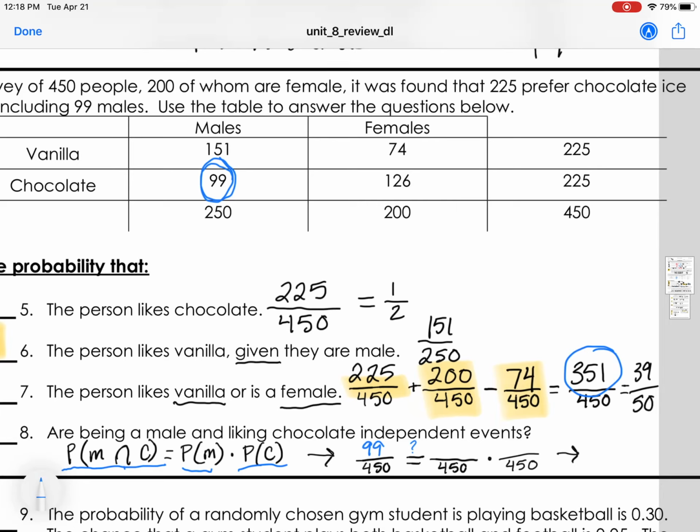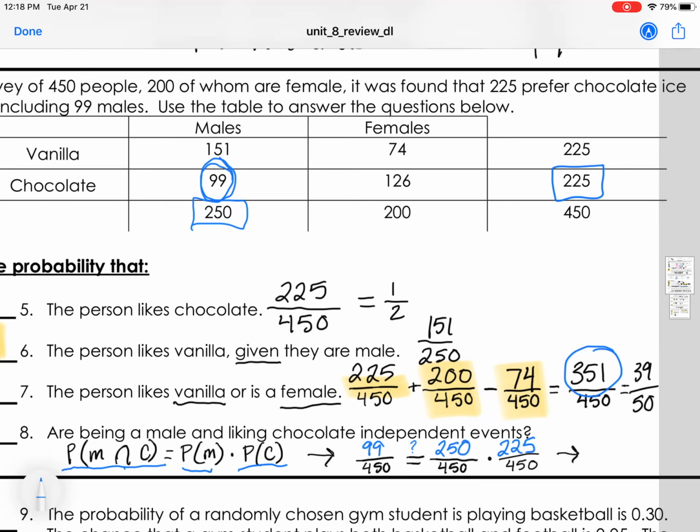And I'm going to see if this is equal to when I multiply the probability of being male times the probability of liking chocolate. If these two things are equal, then they are independent events. So I'm going to find the probability of being male. That is 250 out of 450 people selected because there are that many males. I'm going to multiply it by the probability of selecting someone who likes chocolate ice cream, which would be 225 out of 450.